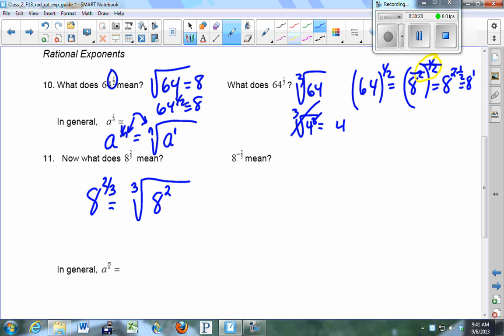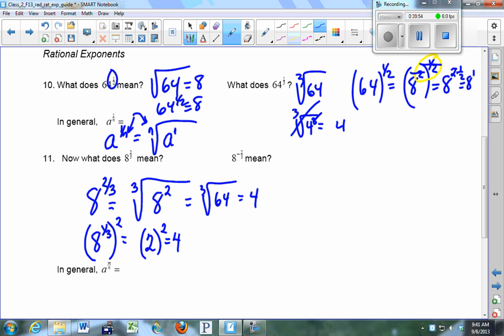And then you can say the cube root of 64, and we just said that answer was 4. That's one way to do it. Another way to do it is to take your cube root first and then square it. Because 1/3 times 2 is 2/3. So your cube root of 8 is 2, and then square it.